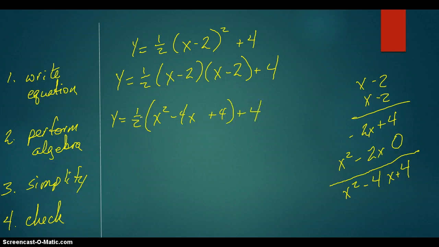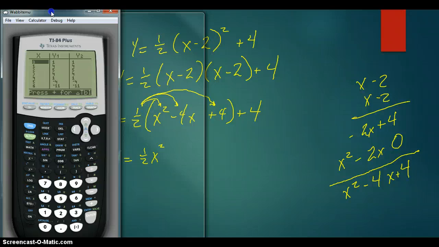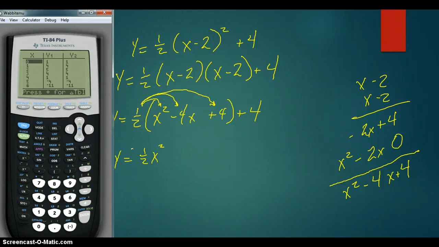All right, we need to distribute. We've got to do the multiplication or the distribution before we can deal with that last 4 on the end. Well, I know that 1/2 times 1 is 1/2. And now I'm going to go ahead and use my calculator because I'm okay if that's what you do. I know what 1/2 times negative 4 is, but I want to do it with you.